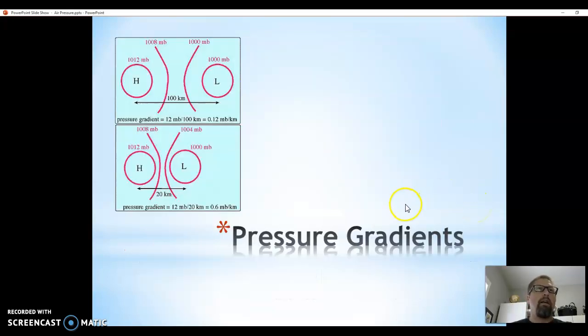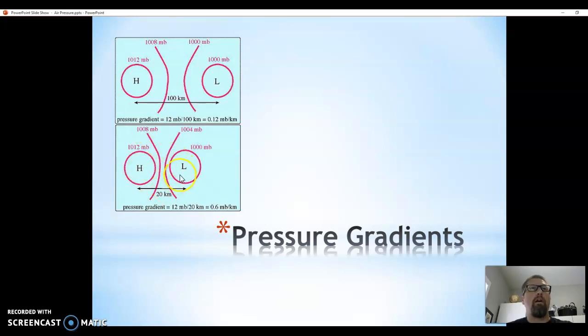All right, again, like topographic maps, pressure gradient, same idea that we have with topographic maps, talking about gradient, where the lines are closer together, there's a steeper pressure gradient. Where they're further apart, there's less of a pressure gradient. That's important, just like that's a steep hill. In this case, the air is moving faster here.